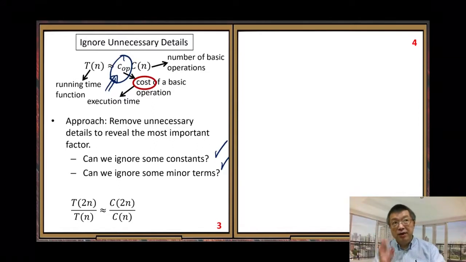If you look at this ratio, it approximately equals C of 2n over C of n, and that constant C sub op cancels out. It's gone. We don't need to look at that. In other words, without looking at C sub op, we can still reflect how fast the T function grows. We can still see that increasing rate.